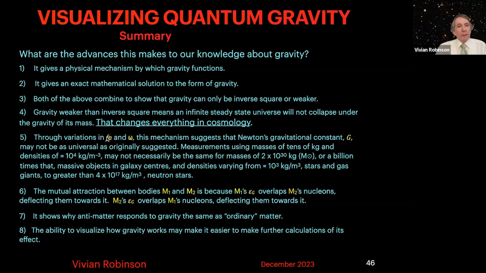Through variations in Fn and omega, this mechanism suggests that Newton's gravitational constant G may not be as universal as originally suggested.